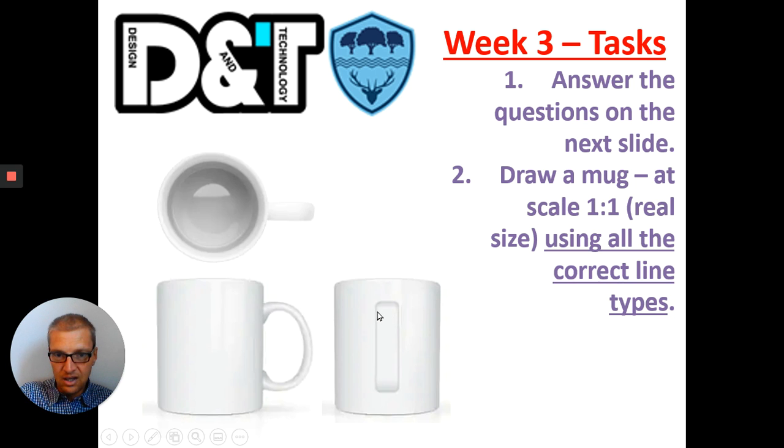And here the handle, and think about the whole handle, from there, a dotted line to show me the hidden handle. What would be brilliant as well is if you give me just a few dimensions.